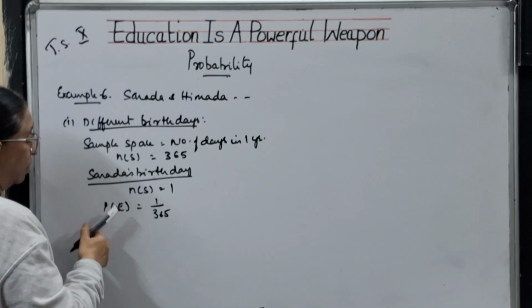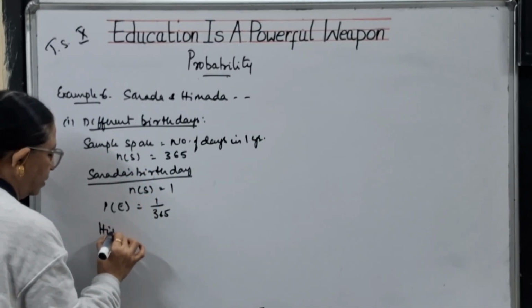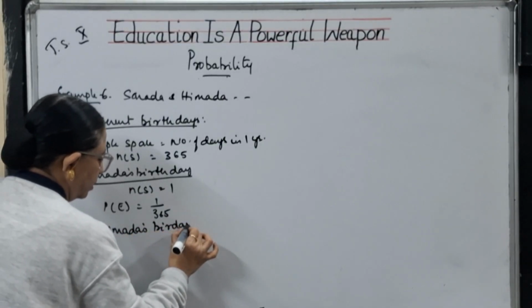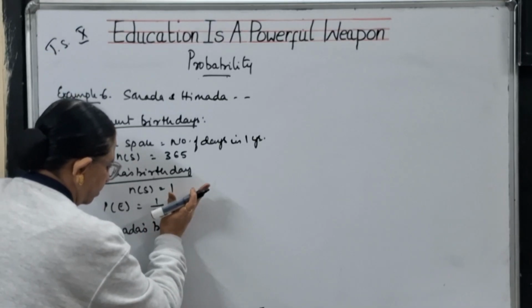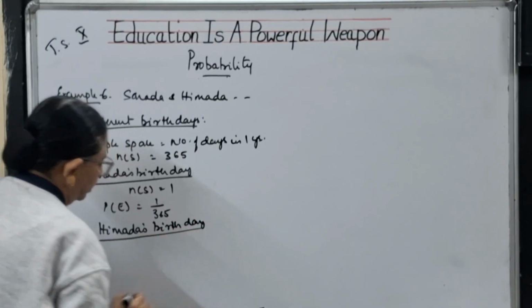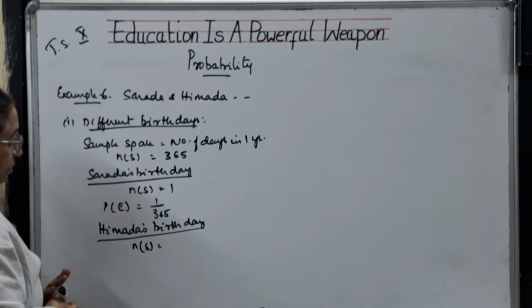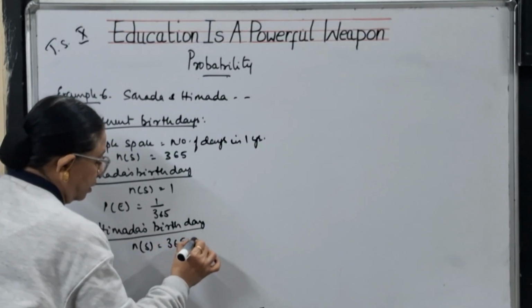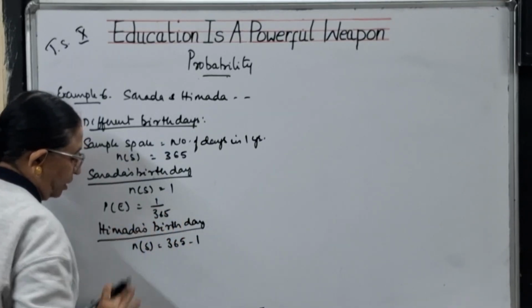Then, different birthdays means, what is Himada's birthday? For Himada's birthday, what is n of s? Number of sample spaces. See, total 365 days are there. In that, one day has gone for Sarada's birthday, and on that day definitely Himada's birthday is not there.